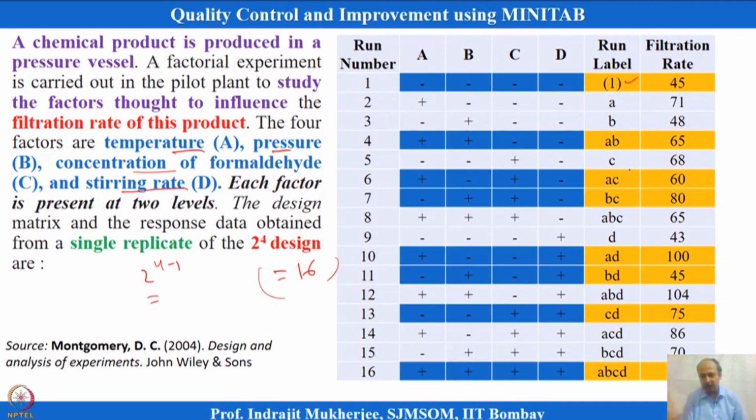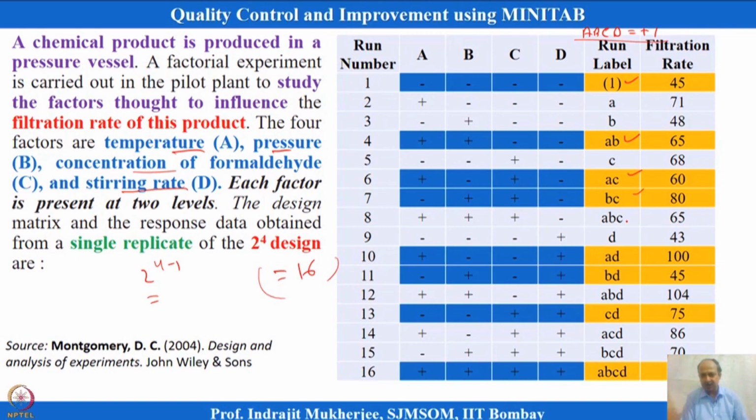So, that is 1 will be taken, AB will be taken. You can just multiply ABCD over here, and the principal block will be whenever the ABCD multiplication is positive, plus 1. So, that will come in the principal block. Here also if you multiply, ABCD will be positive.